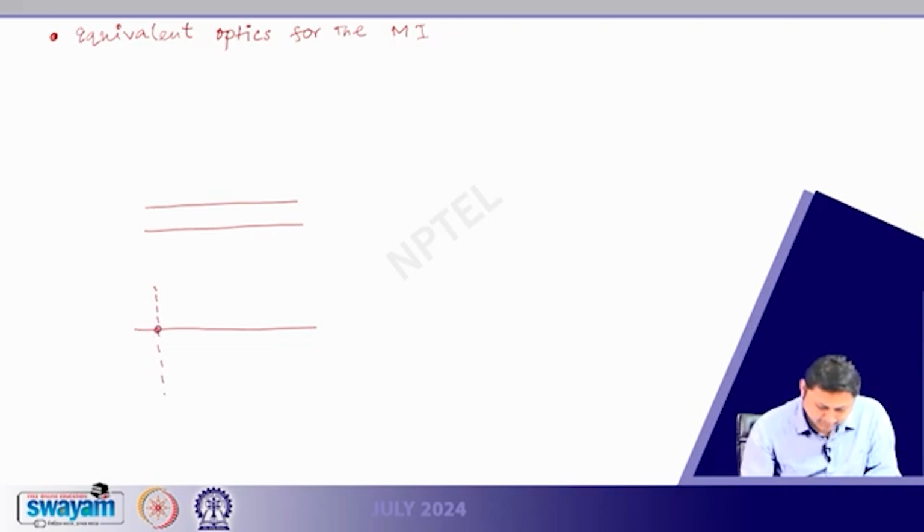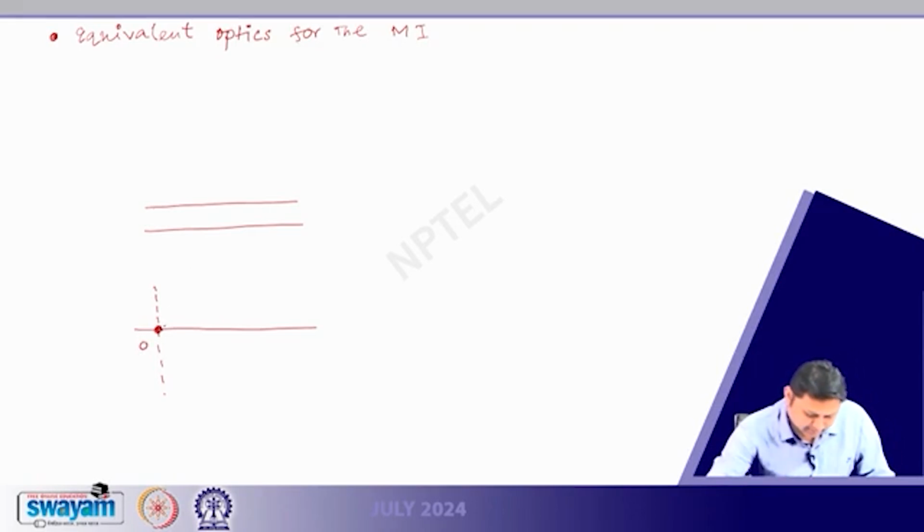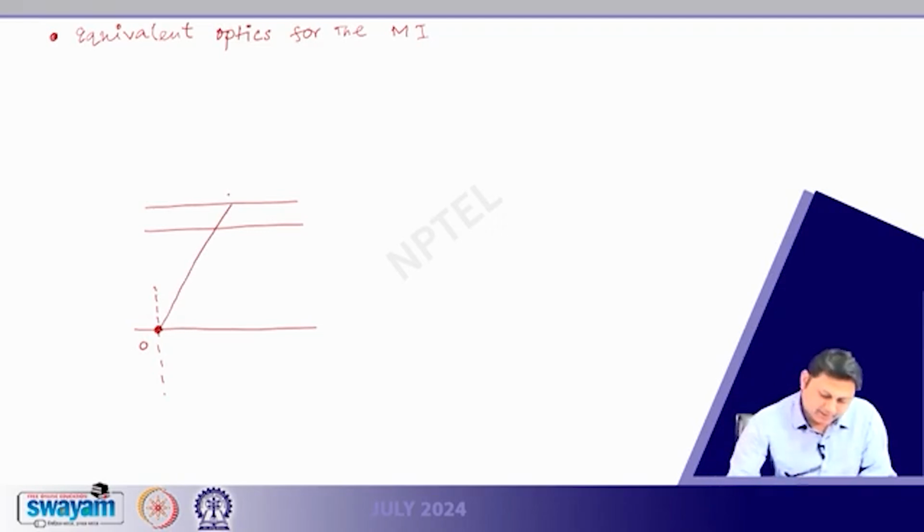This is the source point, say O, and it is emitting light like this. Here the ray will reflect, and another ray is also reflected from the other mirror, these two.